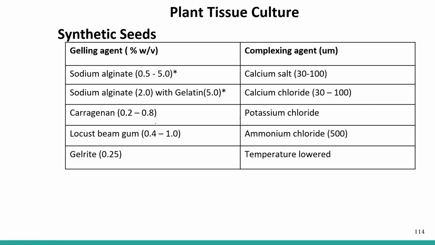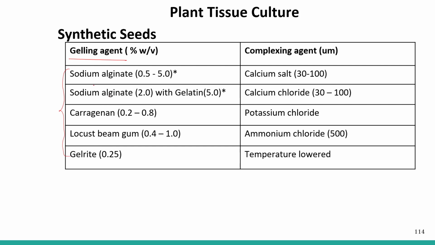So here are some of the agents or chemicals which are used for the encapsulation of the synthetic seeds. Okay, so gelling agent. What are the gelling agents? What are the chemicals required?